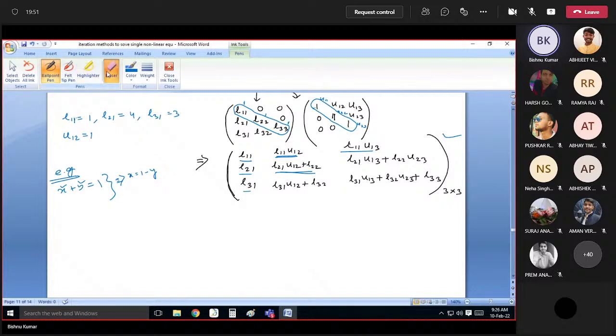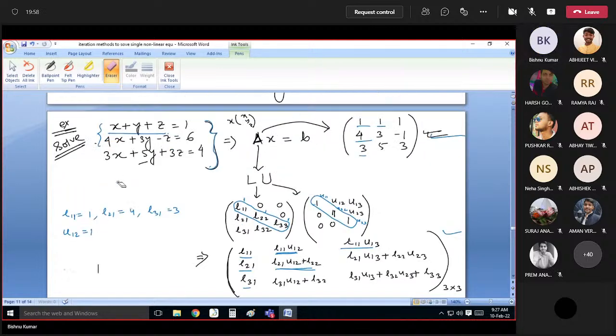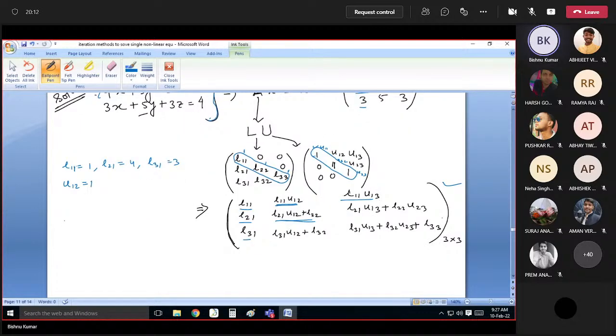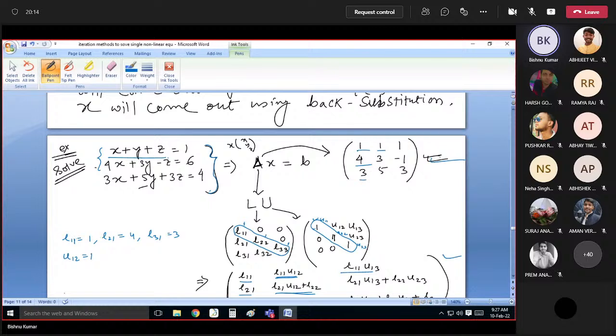So in both matrices, if we consider the diagonal elements variable, then your number of unknowns will be 12: 6 in the L matrix and 6 in the U matrix. After multiplying this 3 by 3, you can compare only with these 9 elements, meaning you will get only 9 equations. 12 unknowns, 9 equations. Can you get unique values of all L and all U?